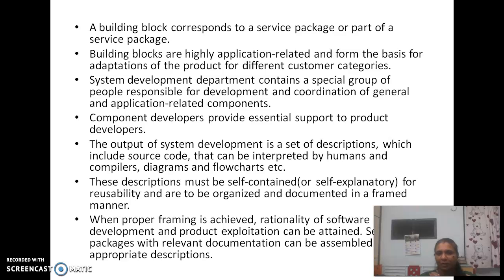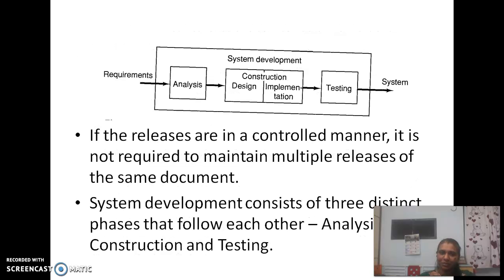So when proper framing is achieved, rationality of software development and product exploitation can be attained. Service packages with relevant documentation can be assembled from appropriate descriptions.